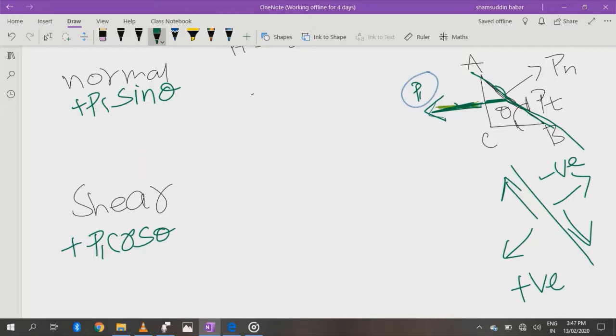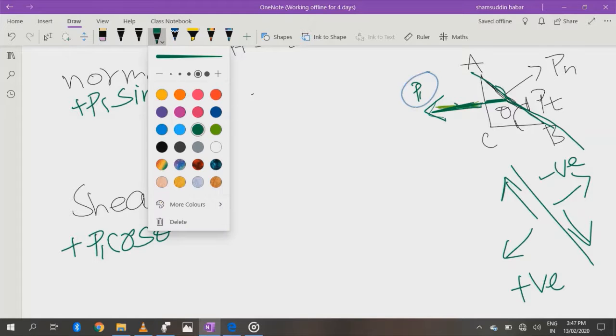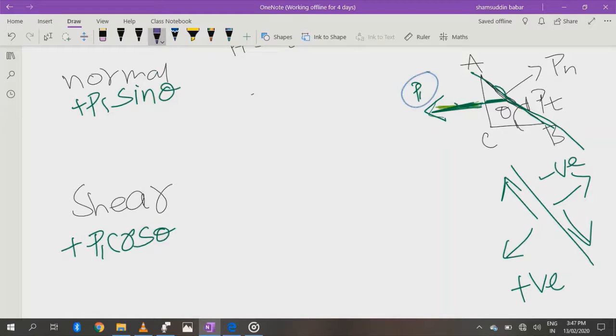Now the second force, it will be P2, and my P2 will be clockwise in this direction. So the first thing is to find out the angle theta. For example, I'm shifting these forces here.